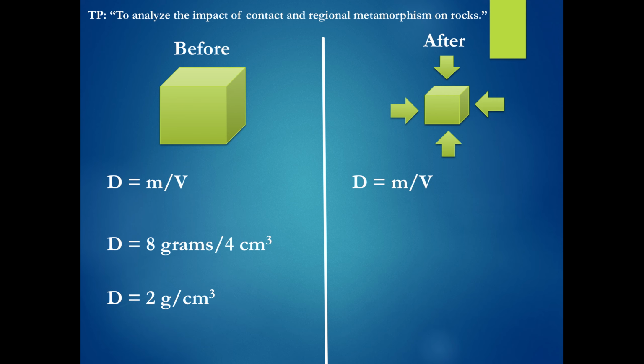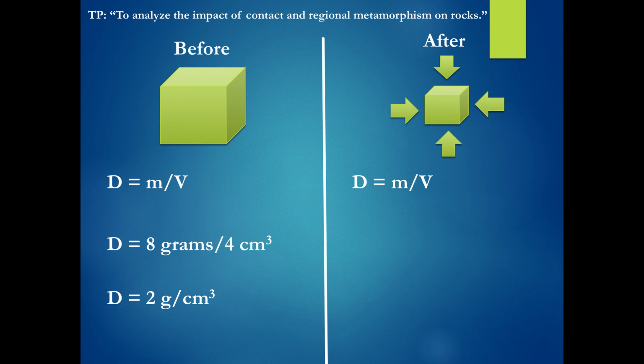Now afterwards, right, we have a lot of pressure going on here after. Right, a lot of pressure on all sides, making this box-shaped rock smaller. So let's say we make it smaller. Let's say that the volume now is cut in half. So now the original volume was 4 centimeters cubed.